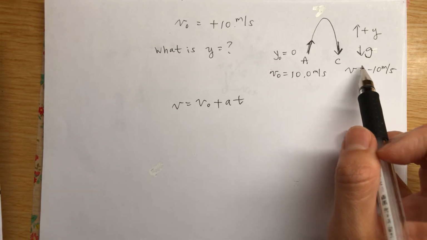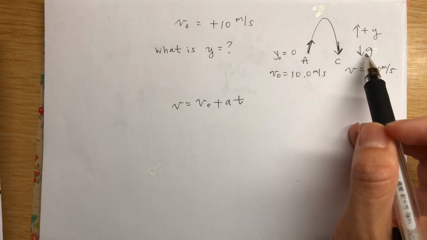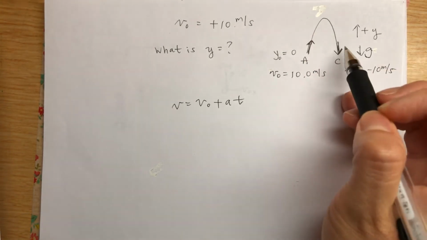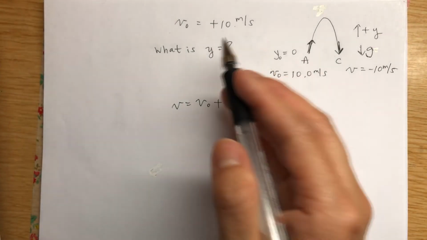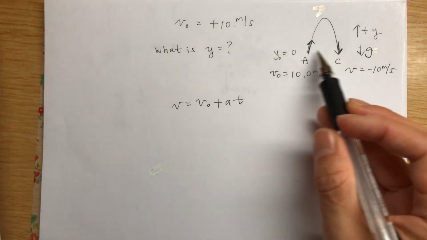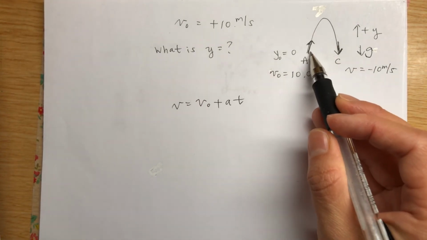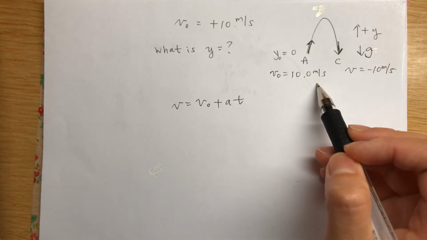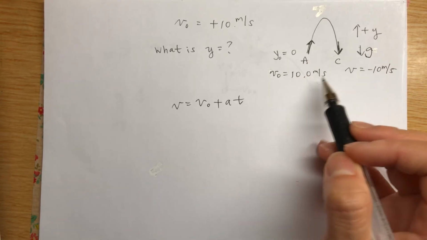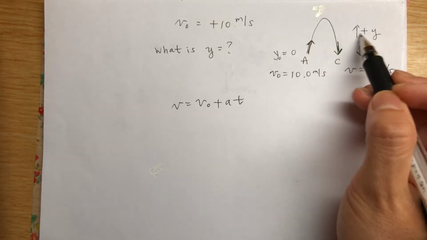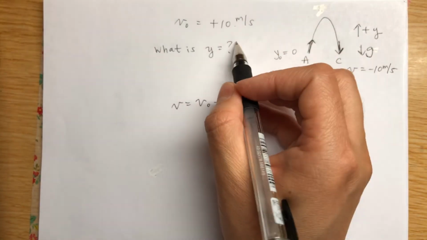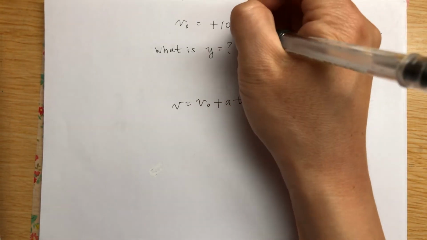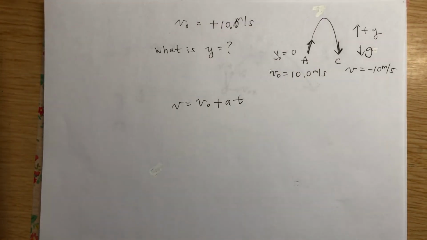Acceleration of gravity is always negative. So I'm looking at this whole path now. V naught is the initial velocity. At A, the initial velocity is 10.0 meters per second, and that's positive because it's going up. So that's positive 10.0 meters per second. What else do we know?